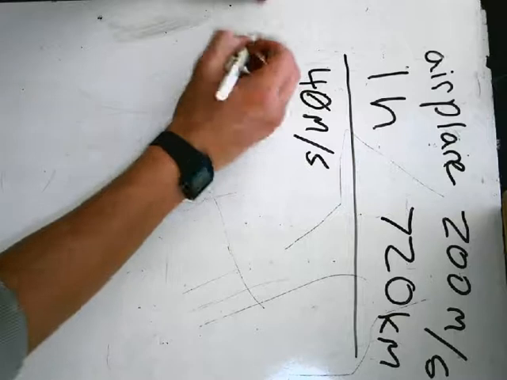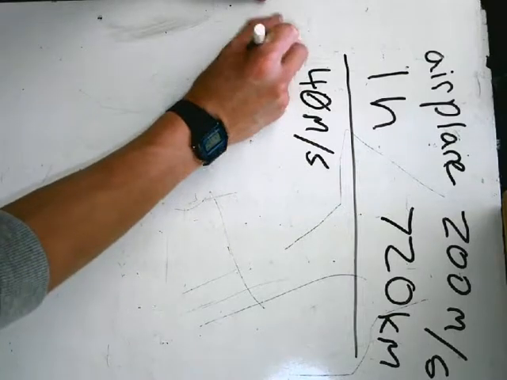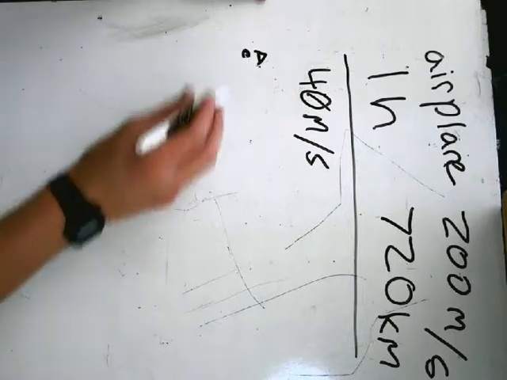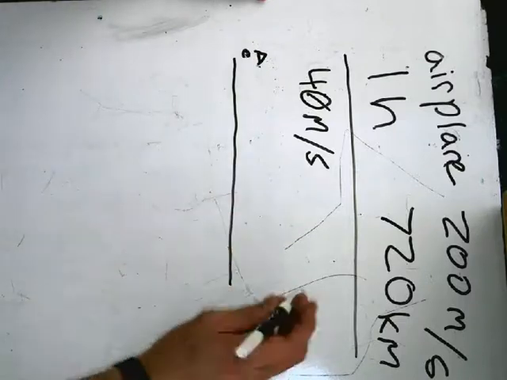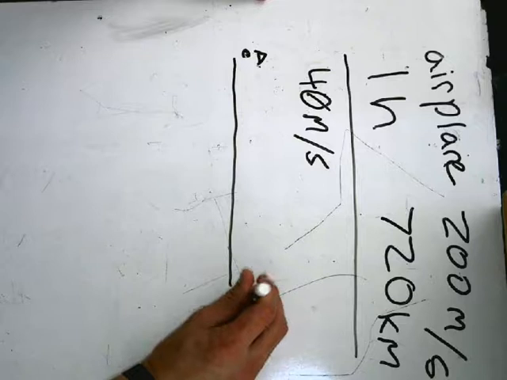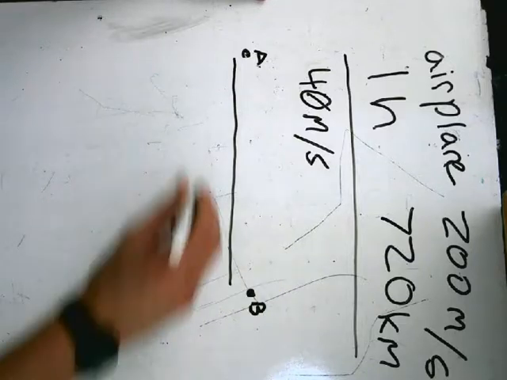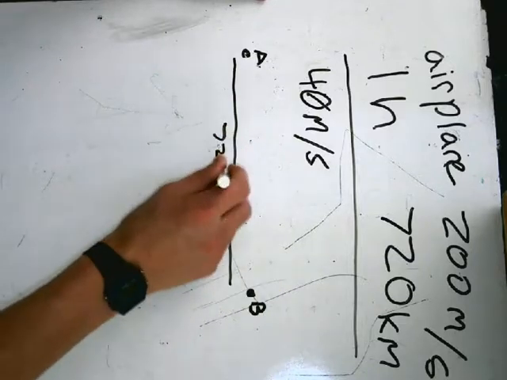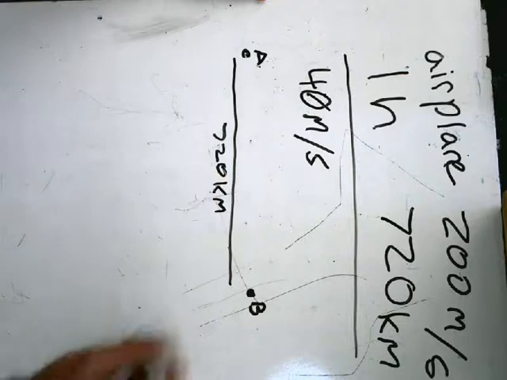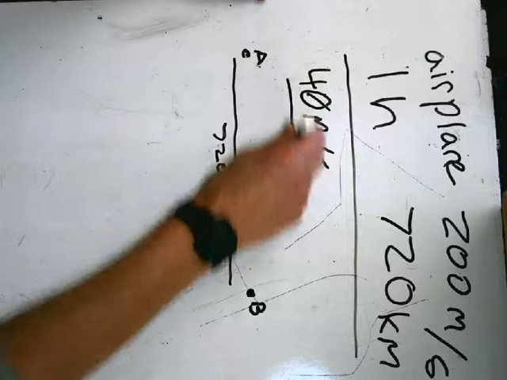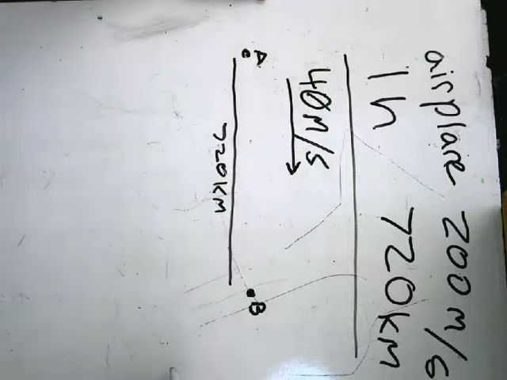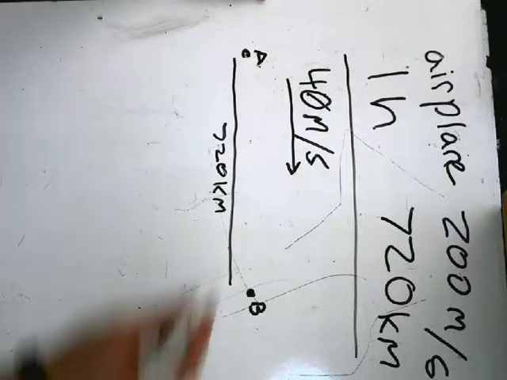And on the way there, it's got a 40 meter per second tailwind. The problem is you're trying to calculate how far out and back. So out there, you add these two quantities. That's your speed, 240 meters per second.